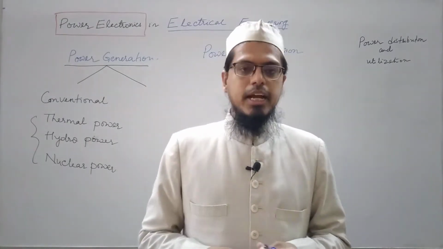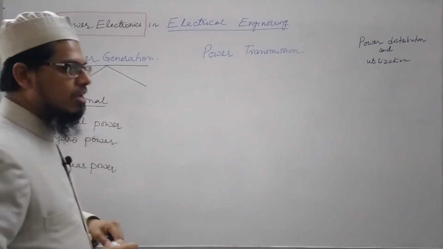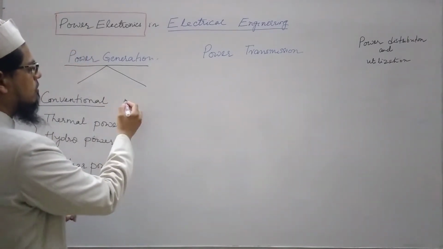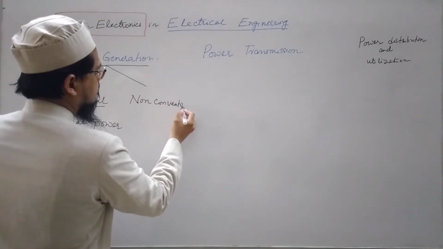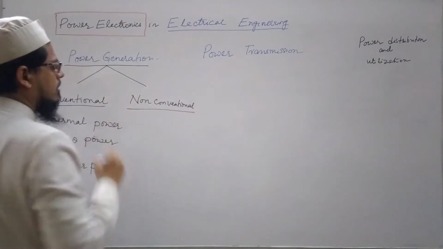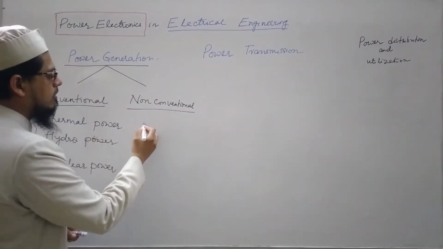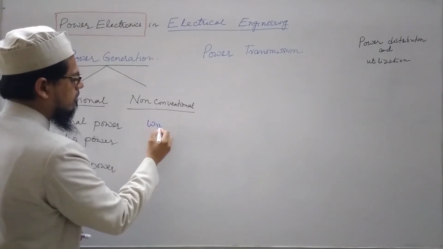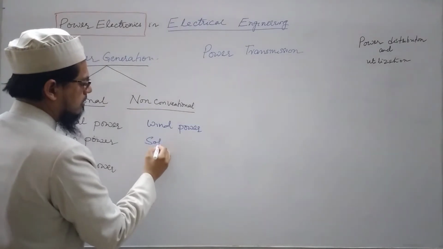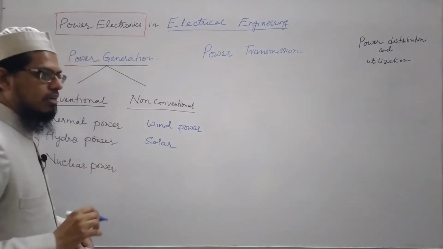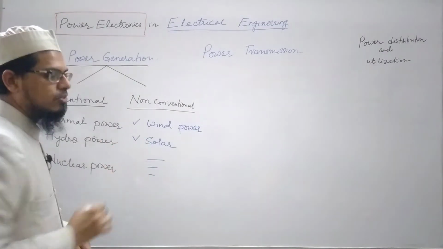So saying that, now let us focus on the other method of generating electricity, which is the non-conventional method. The non-conventional method involves wind power, solar, and there are others also.